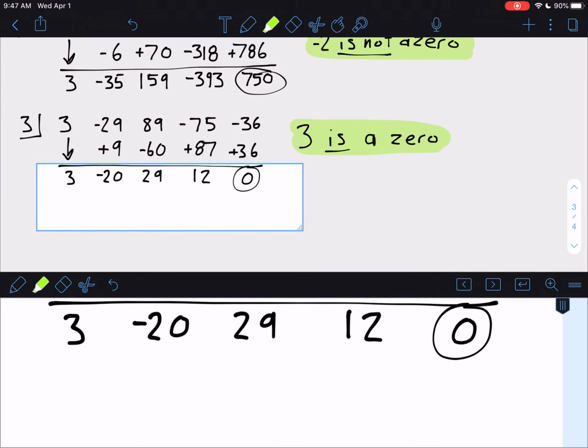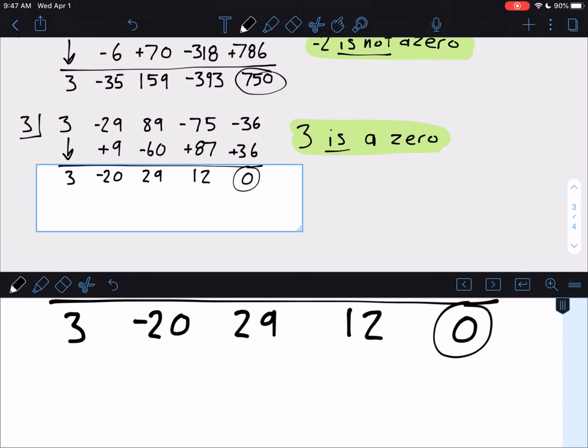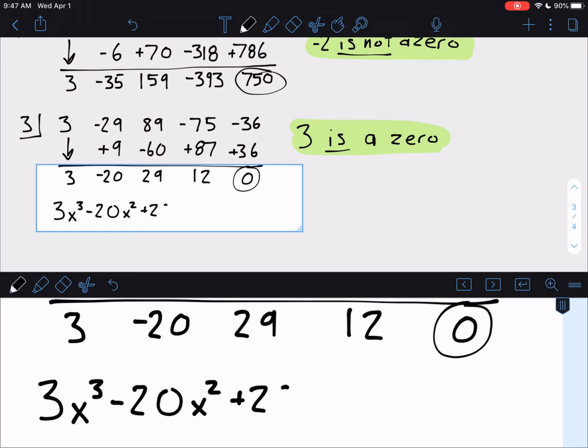All right, so now I'm going to take these numbers and change them into my new updated polynomial. So instead of 3, -29, 89, -75, and -36, I'm going to have 3x to the third, because I'm looking for 3 more zeros, minus 20x squared plus 29x plus 12.